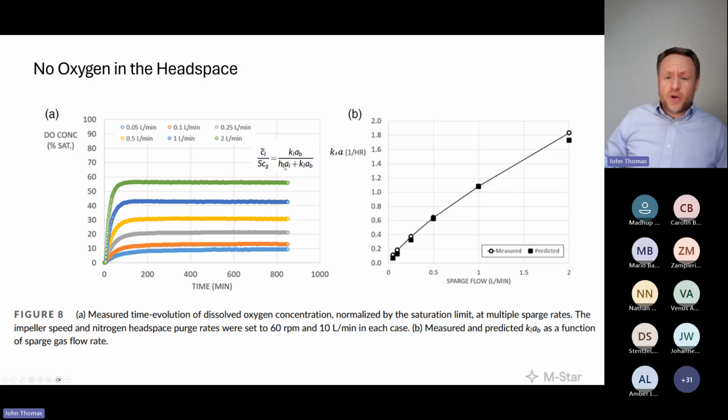And so if we're going to eliminate the effects of stripping due to the free surface transfer, we've got to either make KLA high, so this number is a small addition compared to this number, so this normalizes to 1, or we need to make HLA very low. That is, use high fill volumes or somehow minimize transfer using other schemes. But foundationally, there's this ongoing competition between the headspace and the sparged gas bubbles.